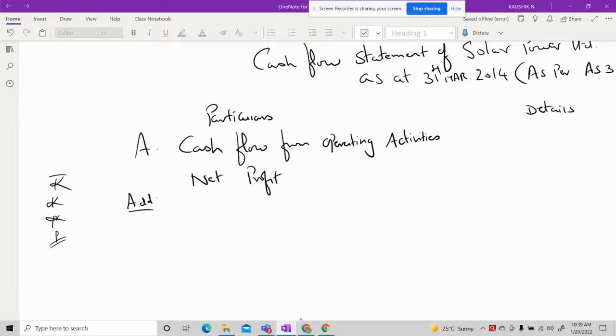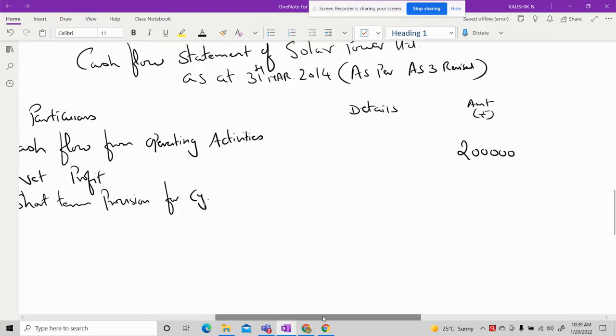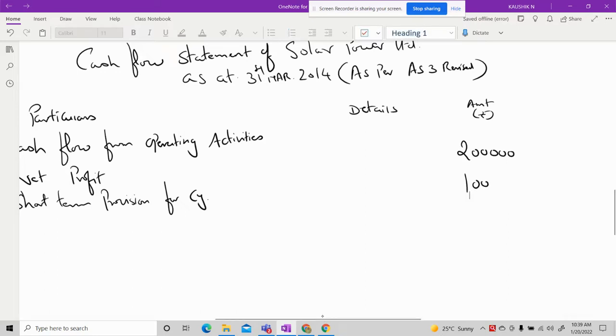So add short term provision for current year. The value of short term provision for the current year is rupees 1 lakh. It was given in the question as 1 lakh. So take the value directly to the outer column. Now when you add these two values you'll get an amount of rupees 3 lakh.